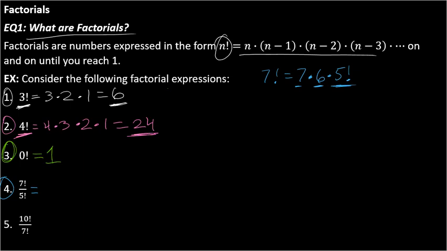Well, if we're doing this by hand, which we're going to have to because none of us have fancy calculators that can do this, we need to take every shortcut that we can. So 7 times 6 times 5 factorial, well, here in the denominator, we also have 5 factorial. We can just cancel those out by a factor of 5 factorial. That leaves us with just 7 times 6, which is 42. So 7 factorial over 5 factorial simply equals 42.